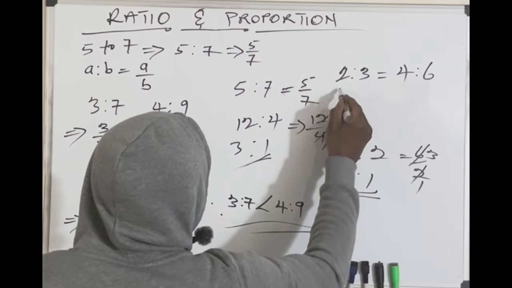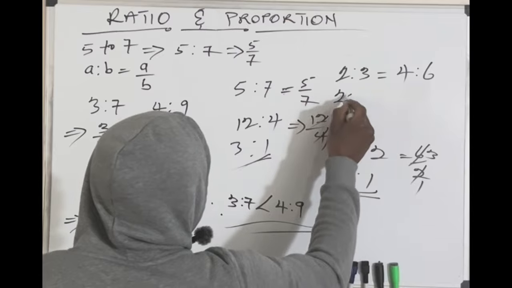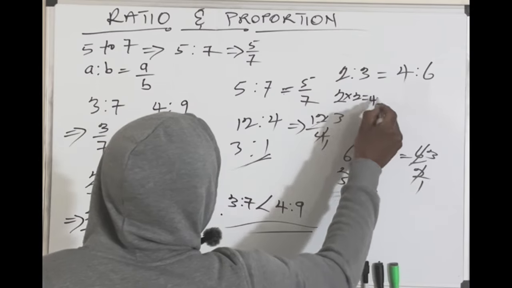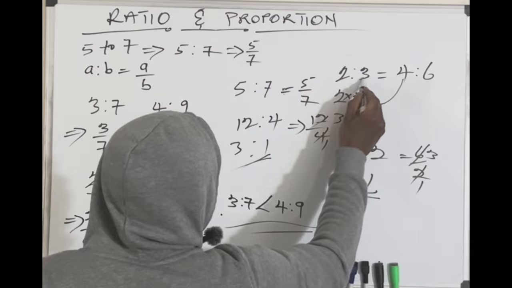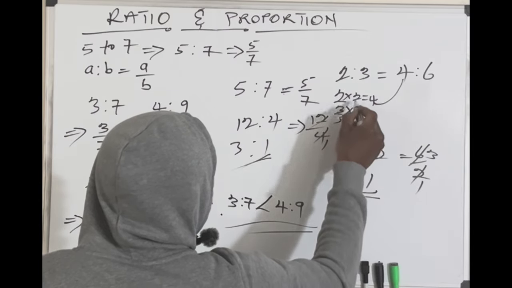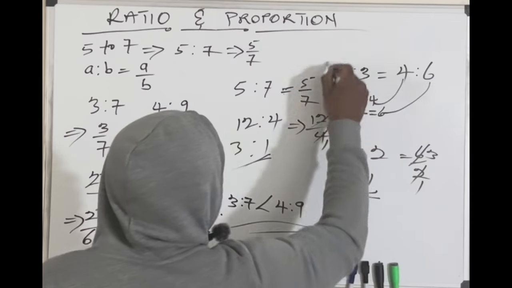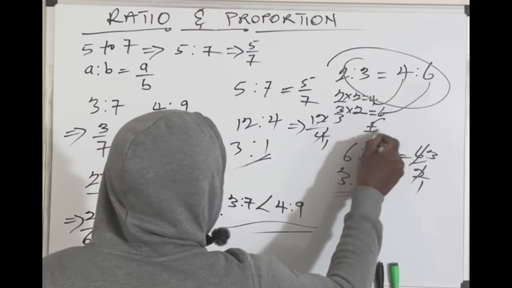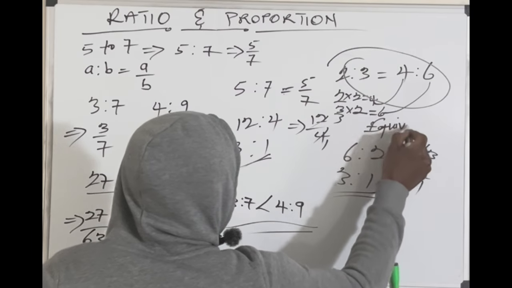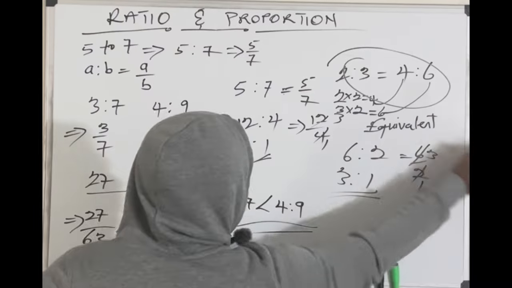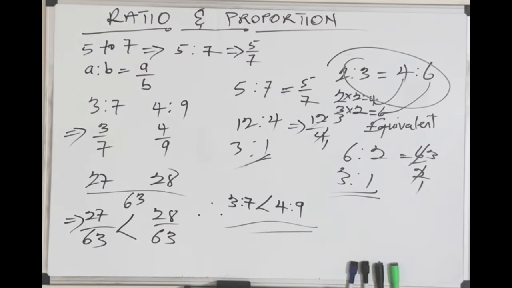Because when we multiply 2 by 2, we get 4. And then when we multiply 3 by the same 2, we get what? 6. That is why we are saying it's equivalent. So check my fraction video to understand what we mean by equivalent fractions.